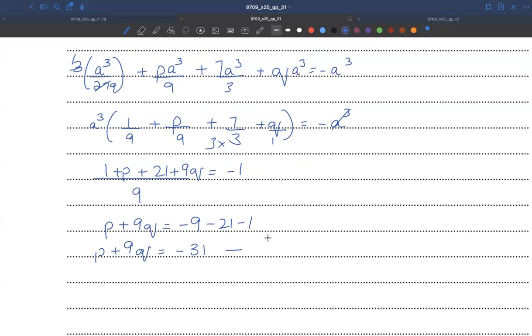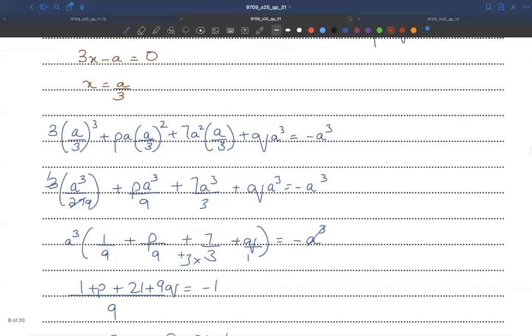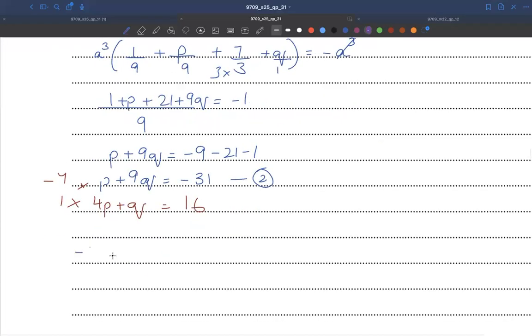Now we can solve these two equations simultaneously. The first equation was 4p plus q equals positive 16. We can simply multiply this equation by 1 and the second by minus 4. So this will become minus 4p minus 36q equals 31 times 4, which would be minus 124 with the sign flipped, plus 124.